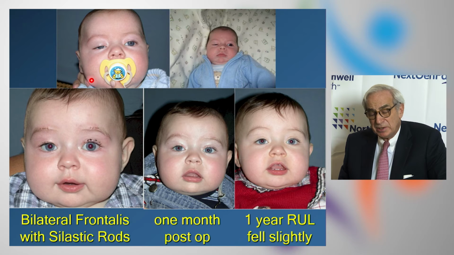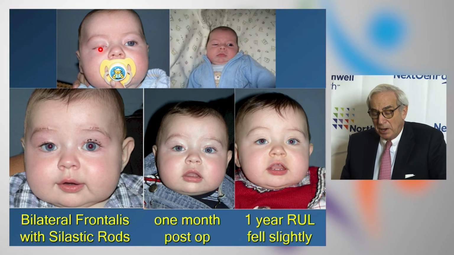So most of these kids, you could look at this youngster and say, okay, this is unilateral ptosis. But when you look at the brow position, it's slightly elevated. You look at the other side, and if we were to place our finger over that brow, the other eye is slightly ptotic. So most children need bilateral correction.